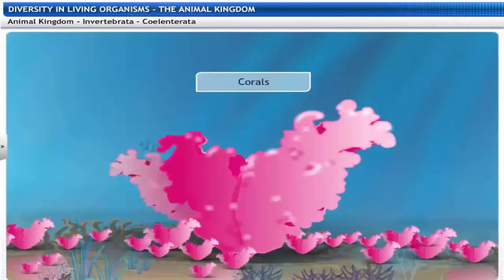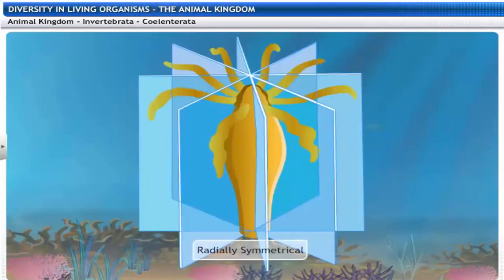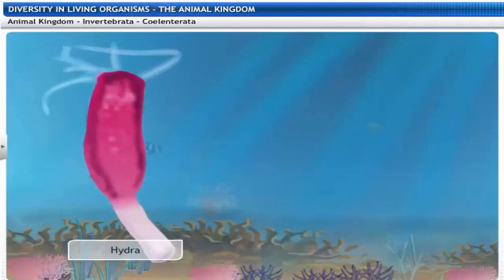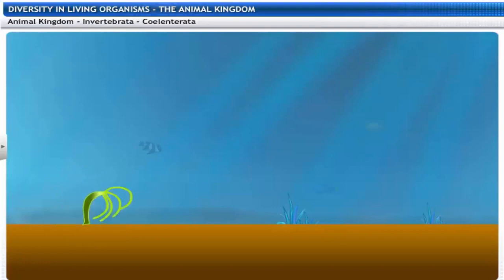Corals belong to this group and live in colonies, while hydra live in solitude. Their bodies are radially symmetrical, meaning that all the halves of the body have the same design. Their bodies have outer and inner layers, which enclose a central cavity called the gastrovascular cavity. In hydra, locomotion occurs with the help of finger-like processes called tentacles.